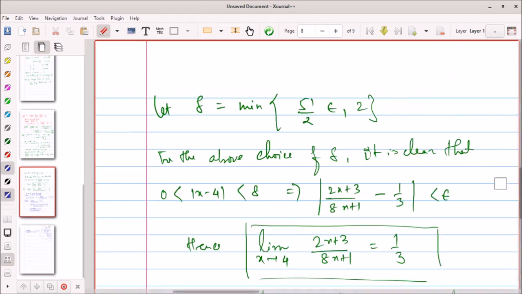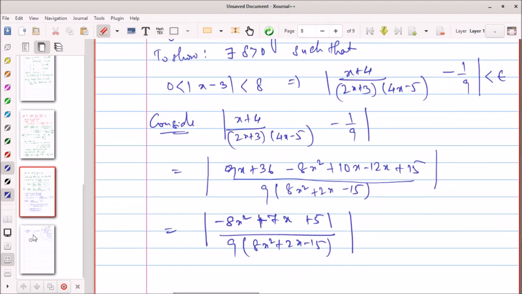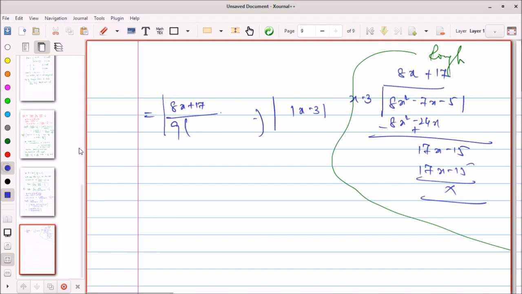Let us check the denominator. Yes, it is 8x^2 plus 2x minus 15. So this is what we have got.